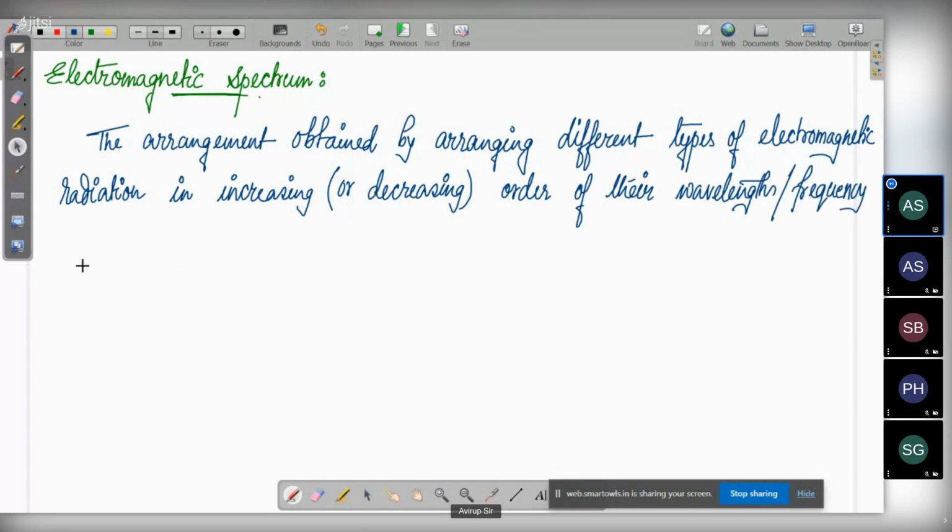Sorry, that is known as the electromagnetic spectrum, not radiation.